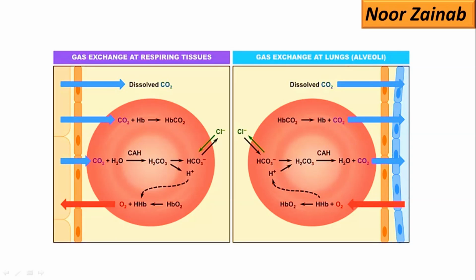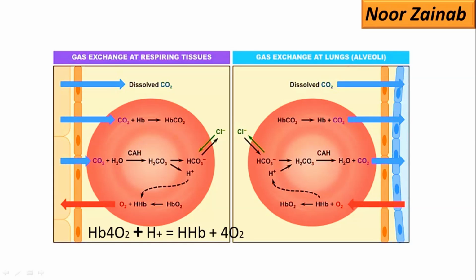And the third arrow shows us how carbon dioxide is transported as bicarbonate ions: CO2 will combine with water in the presence of an enzyme known as carbonic anhydrase, and then bicarbonate ions are formed. When bicarbonate ions are formed, they travel outside into the blood plasma. In order to compensate for this, chloride ions enter the red blood cell and H plus ions will combine with hemoglobin to form hemoglobinic acid, and when hemoglobinic acid is formed, oxygen is released into the body tissues.